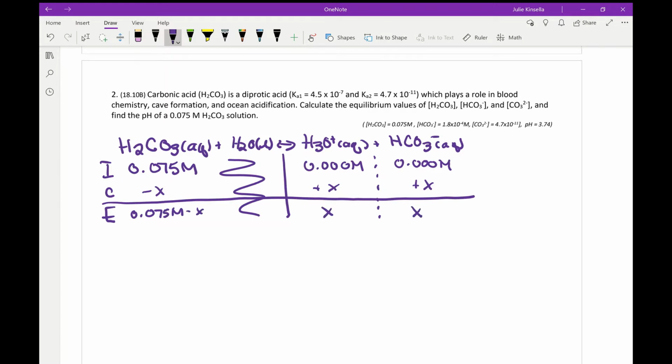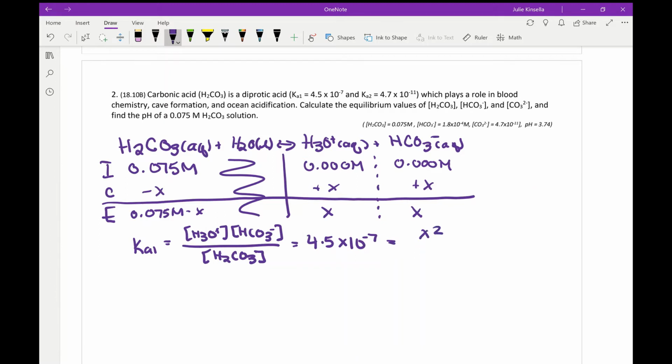All right, and then going from there again, it's going to be similar to what we just walked through. So we have our Ka1 is equal to our products over our reactant, the original weak acid. So Ka here is 4.5 times 10 to the negative 7, which is going to be equal to x squared over 0.075 minus x.